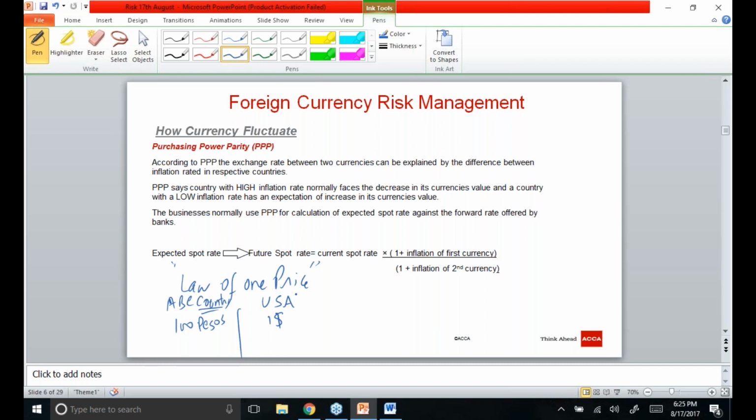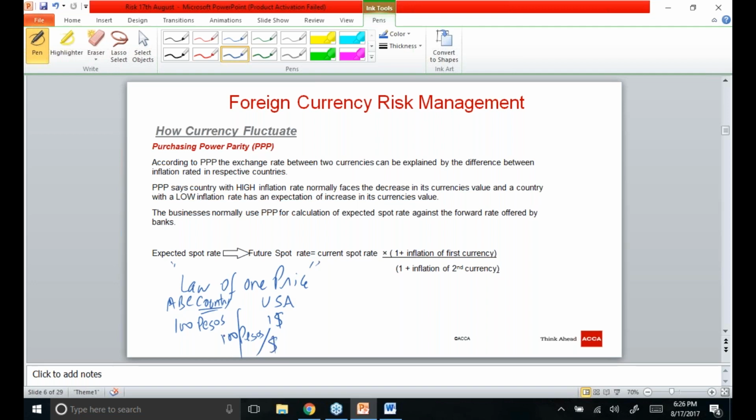This means the commodity has the same value in ABC country and in the USA, but obviously in ABC country it has a price of 100 pesos and in the USA it has a price of $1. These are not the same prices. The exchange rate will be set like this, at 100 pesos equal to $1.